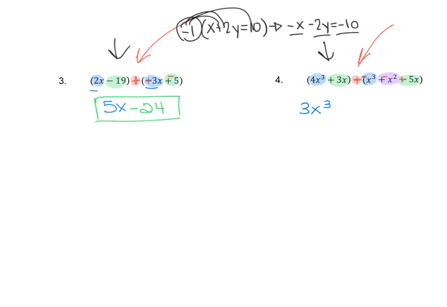Nothing's combining with this purple term, negative x squared. So somewhere I owe somebody this $1, or negative 1x to the second. Now I jump back to this green, or the x term. So I have 3x plus 5x, which gets me plus 8x, and I'm done.